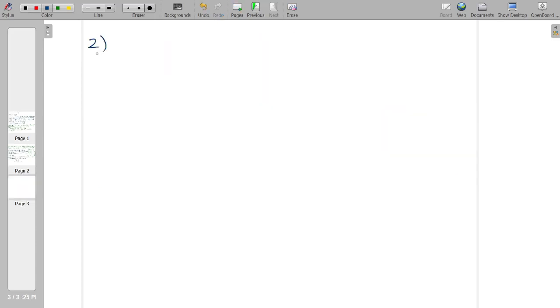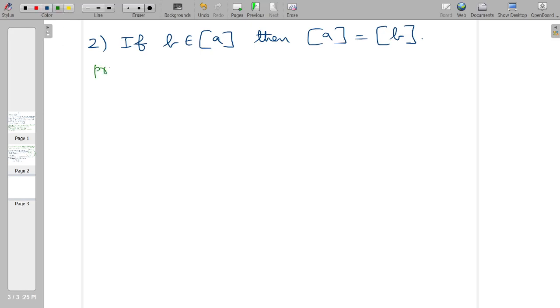Now the second property is: if B belongs to the equivalence class of A, then the equivalence class of A is equal to the equivalence class of B. So how to prove this? B belongs to the equivalence class of A; this is given.